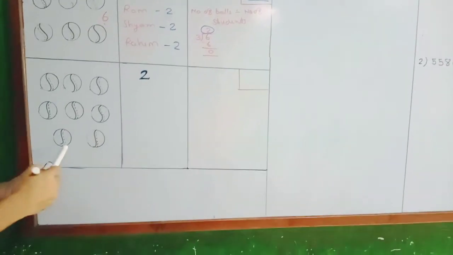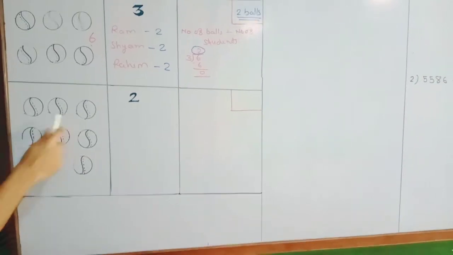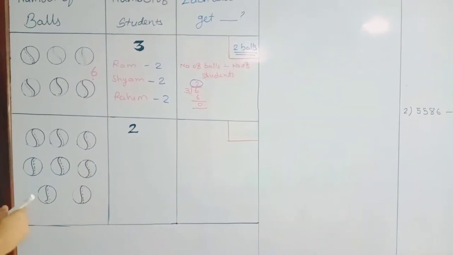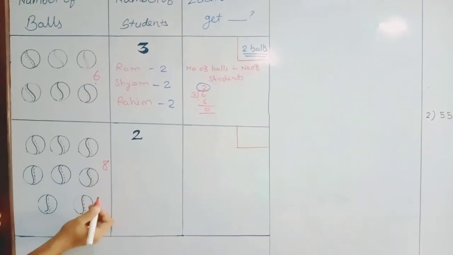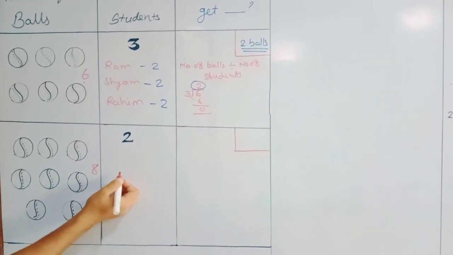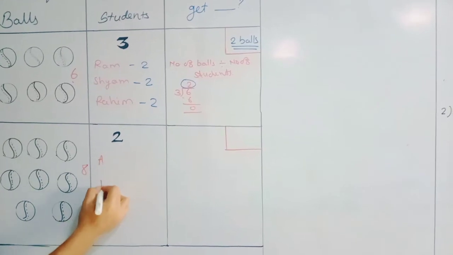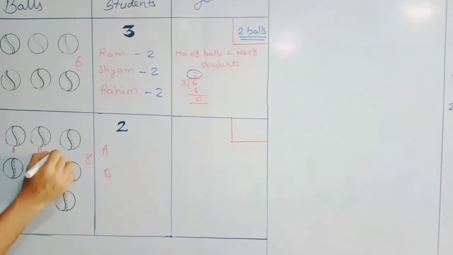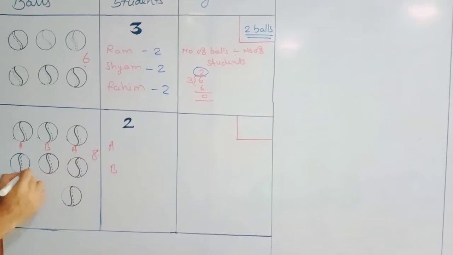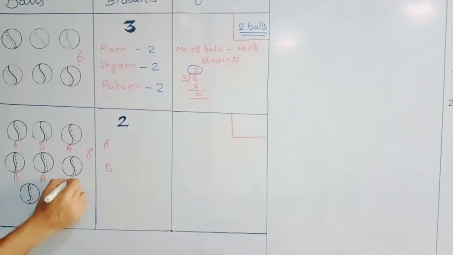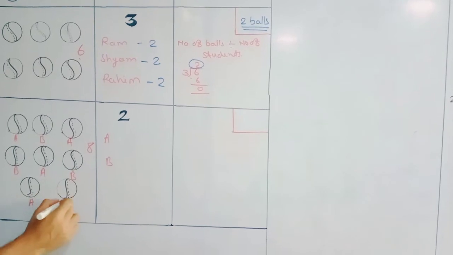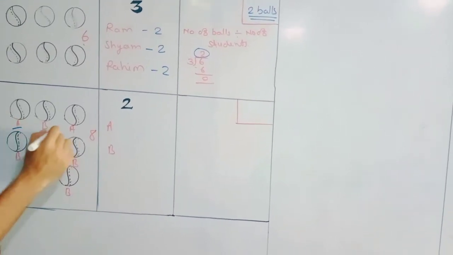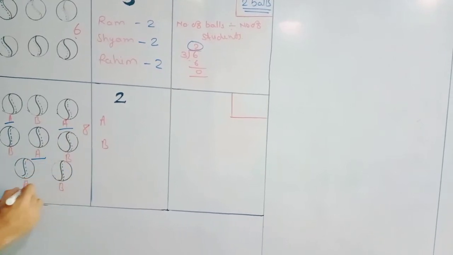We have the second example. In the second column we have 1, 2, 3, 4, 5, 6, 7, 8. That is 8 balls. And the number of students is 2. Suppose there are A and B. First we give to A, second B, third A, fourth B, fifth A, sixth B, seventh A, eighth B. Let's count. 1, 2, 3, 4.